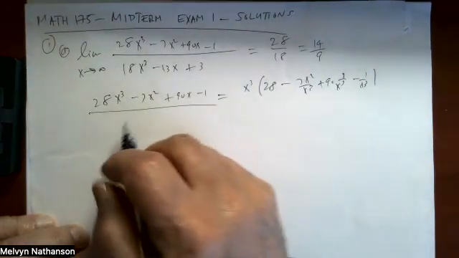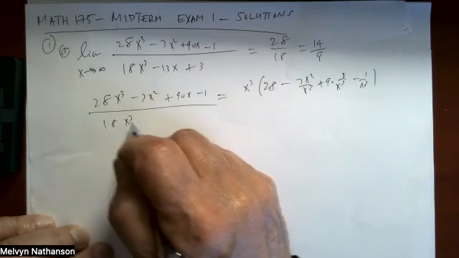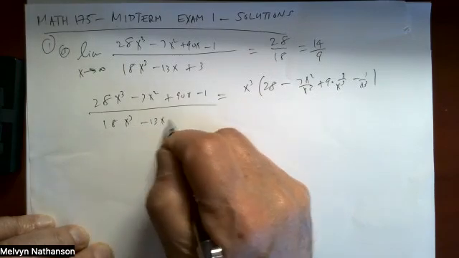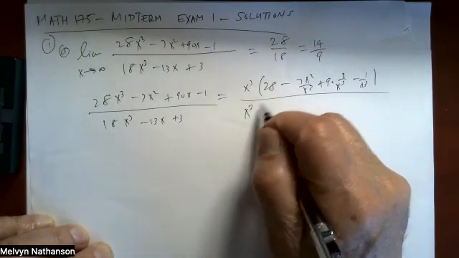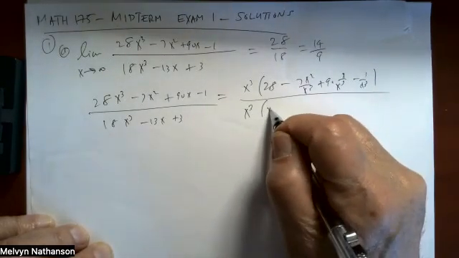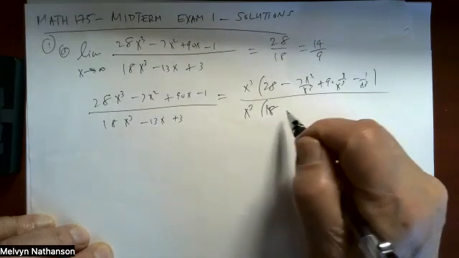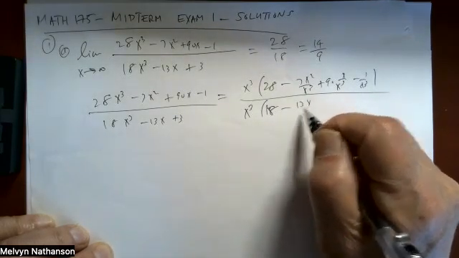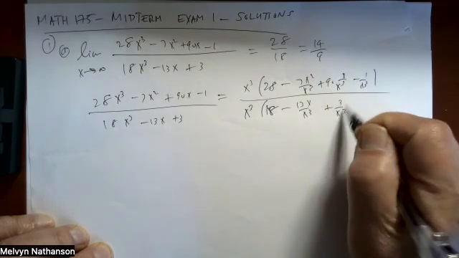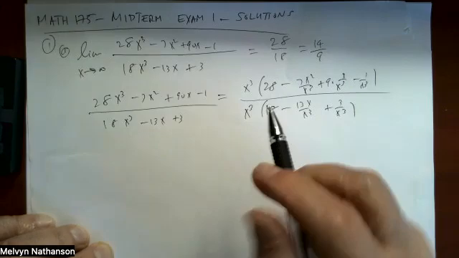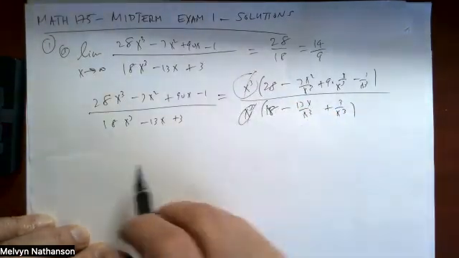And similarly, from the denominator, 18x cubed minus 13x plus 3, if you factor out x cubed, you get 18 minus 13x over x cubed plus 3 over x cubed. And what you see is the x cubes cancel.